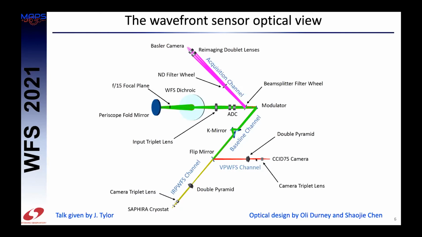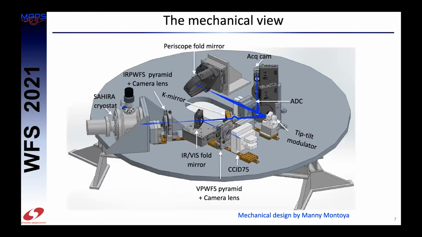I'm going to highlight the visible part, as Jacob already covered the infrared part. This is the mechanical design. Here is the tip-tilt modulation system to increase the sensitivity and dynamic range of the pyramid wavefront sensor.